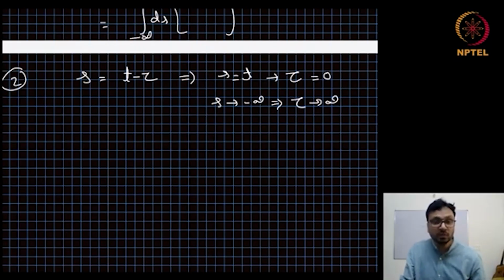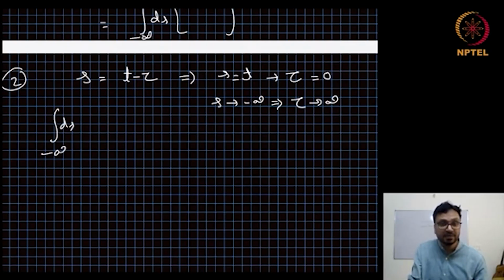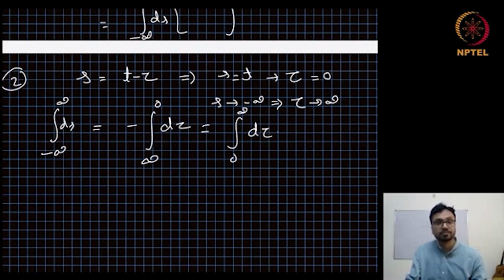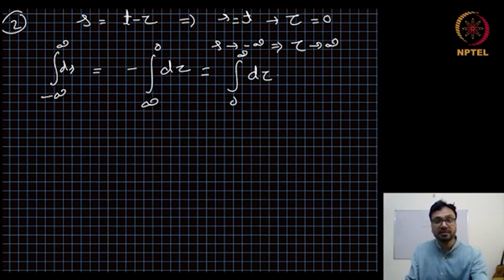So we have defined tau as a function of s, or s as a function of tau, such that when s is t, then tau is 0, and when s is minus infinity, then tau is infinity. So the integration limit from minus infinity to t will become minus d tau from infinity to 0, and that will be the integral from 0 to infinity d tau. These two simplifications put together will convert the Redfield equation into a Markovian equation.